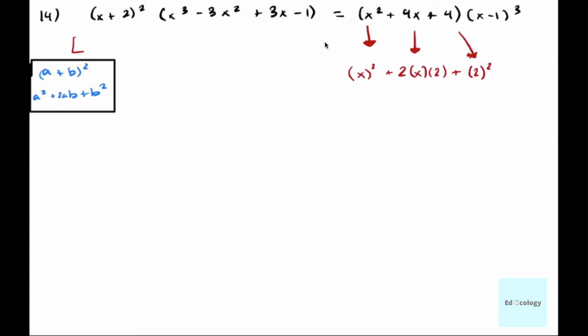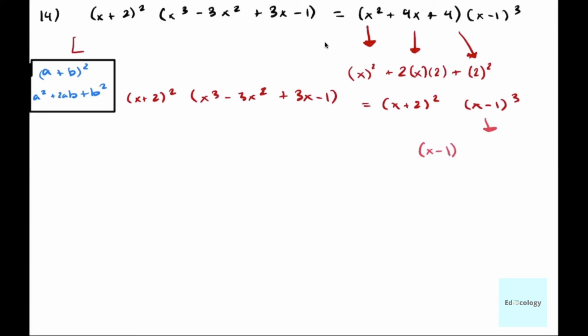So we will rewrite this into (x plus 2) squared times (x cubed minus 3x squared plus 3x minus 1) and (x plus 2) squared times (x minus 1) cubed. We know that we can rewrite (x minus 1) cubed into (x minus 1)(x minus 1)(x minus 1). This is the same as (x minus 1) squared times (x minus 1).